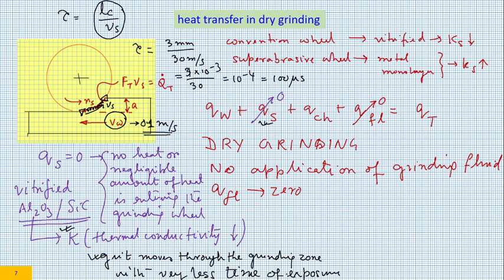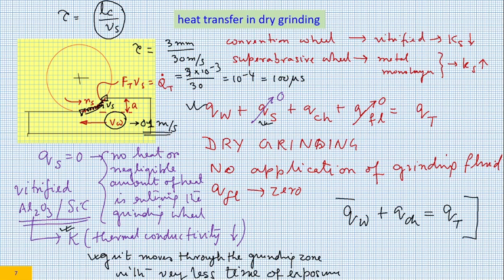There is an order difference of 100. So because of that reason, heat does get a chance to enter the workpiece. Second of all, most of the time we grind metallic alloys, and the thermal conductivity of metallic alloy is very high. So that boils down our equation to QW plus QCH equal to QT.